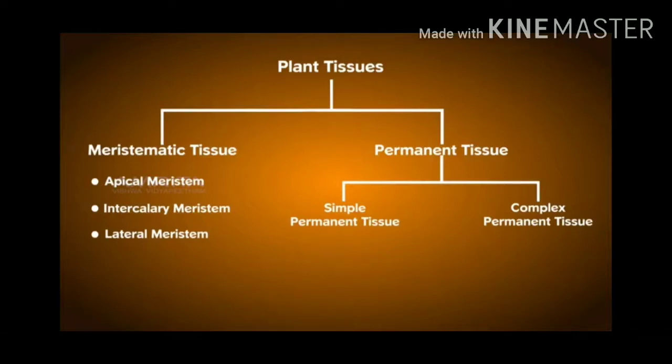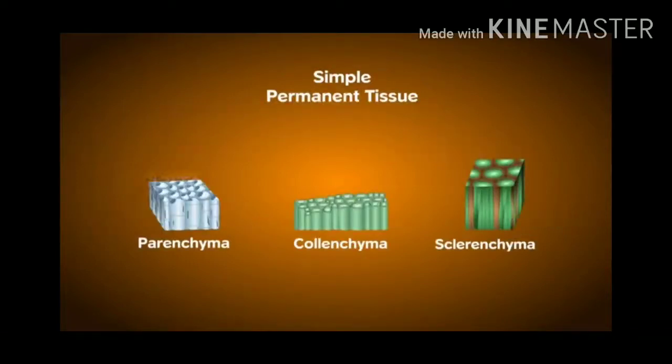First, simple permanent tissue is called simple tissue because it is composed of similar types of cells that have a common origin and function. Based on their function, they are further classified into parenchyma, collenchyma, and sclerenchyma.